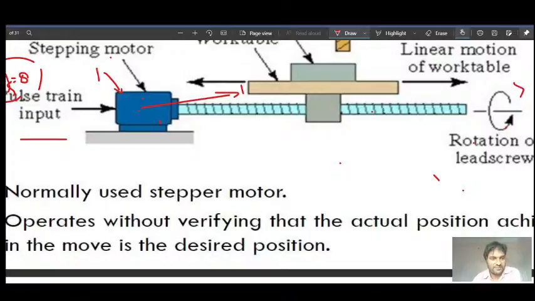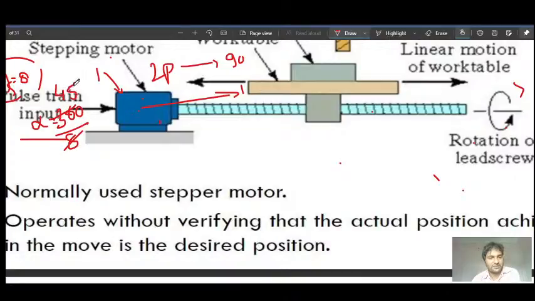So if we supply one pulse, the motor will rotate only by 45 degrees. Two pulses, so two step angles, that becomes 90 degrees. Can we identify the step angle? Alpha is equal to 360 by 8, and that is 45 degrees.